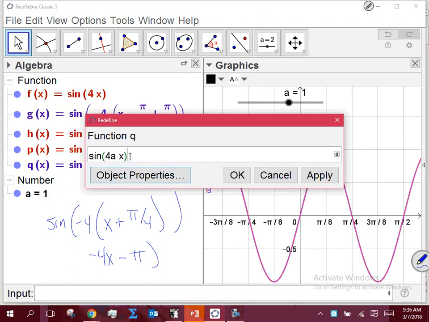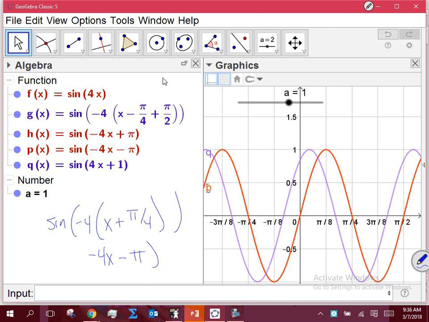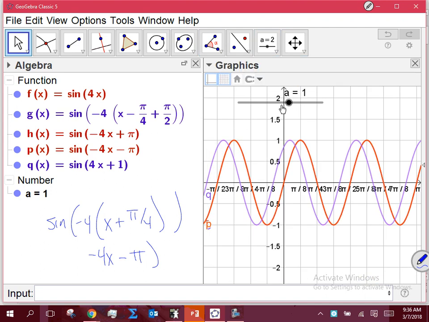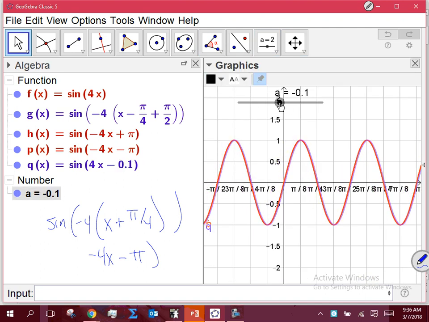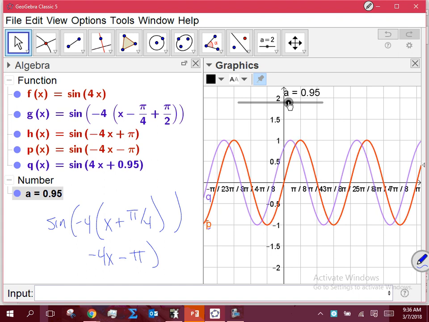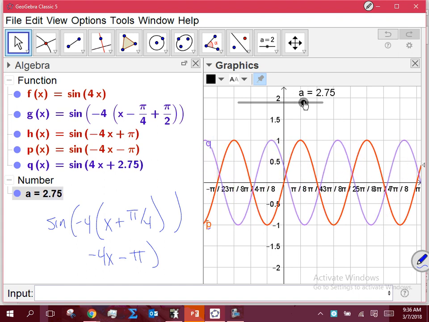Oh, I want this. 4x plus a. All right, so you can see that I can take that a value and I can start moving it.